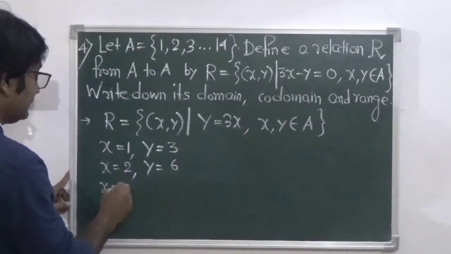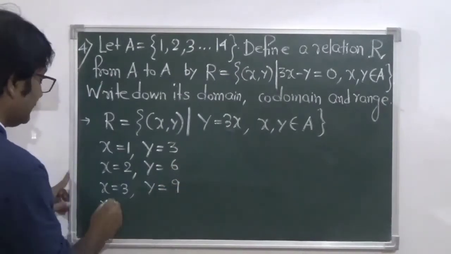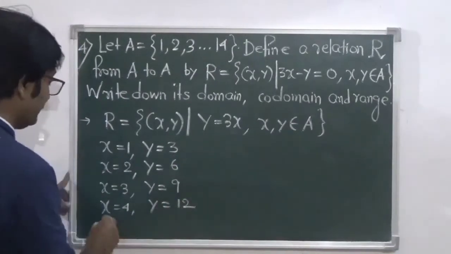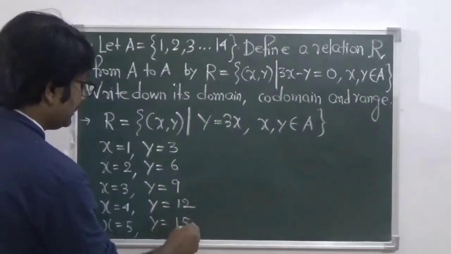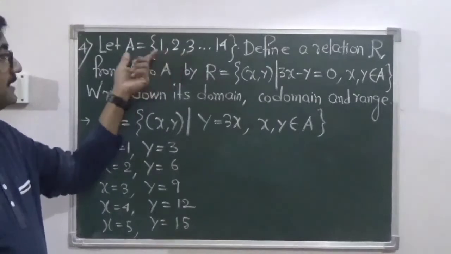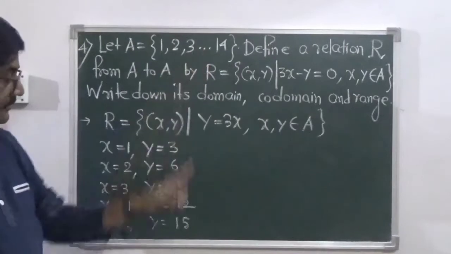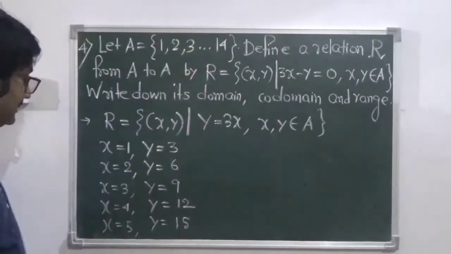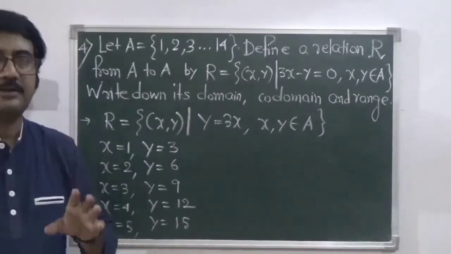If x equals 3, then y is 9. If x equals 4, then y is 12. If x equals 5, then y is 15. You can see 1, 2, 3, 4, 5 are all included within set A. 3, 6, 9, 12 are available in set A, but 15 is not an element of set A. So this particular ordered pair will not be a part of the relation.